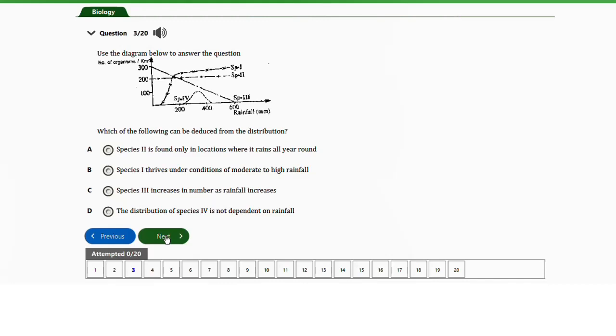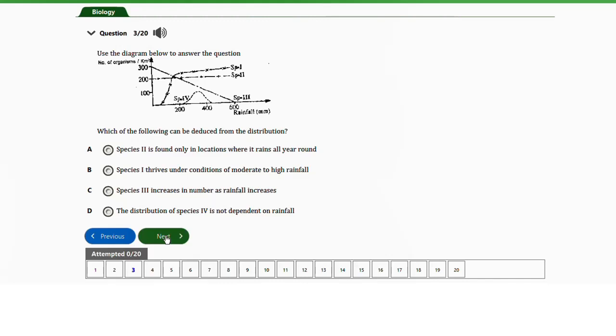Whereas for species II, the number of organisms actually remains the same through different levels of rainfall. And for species I, you see that the number of species kept increasing until a point where it almost flattened out.